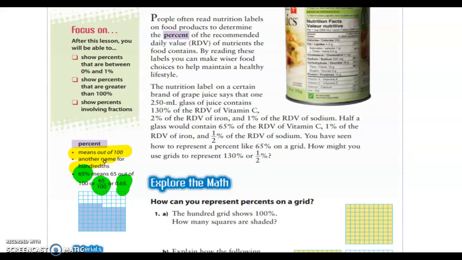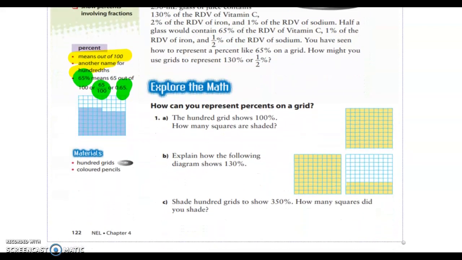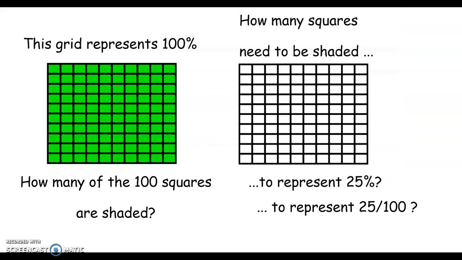Now, a lot of times when we're talking about percents, we use 100 grids or 100 charts. So let's move down here, and we're going to start talking about hundreds charts. The 100 grid shows 100%, right? Right here. This fills in all green. We can count them.